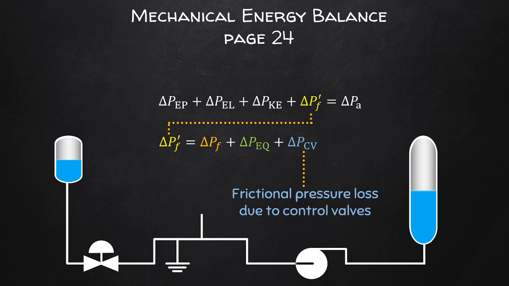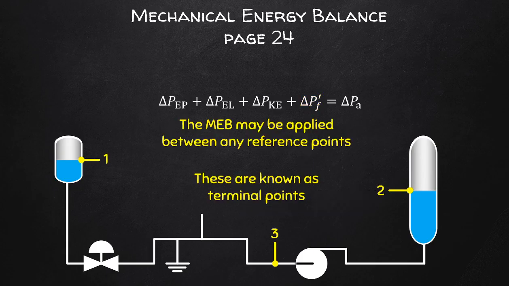Now, control valves are specifically used to manage energy and flow for the process, and we will go into more detail about the design of control valves at a later stage. Right. As with any sort of balance, we can apply the mechanical energy balance between two specific points in a process, as shown here.